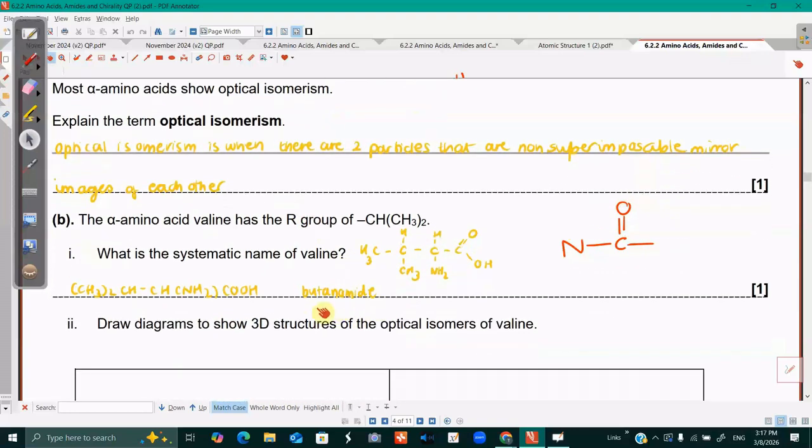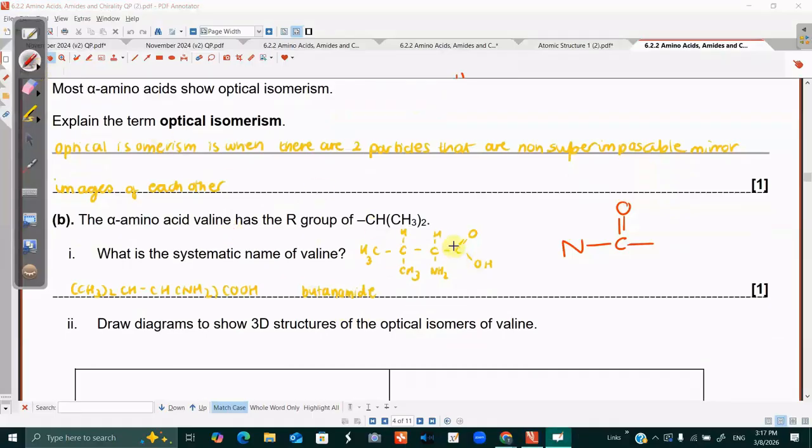So can you call this an amide? No, you can't. What are the functional groups it has? An amine and a carboxylic acid.